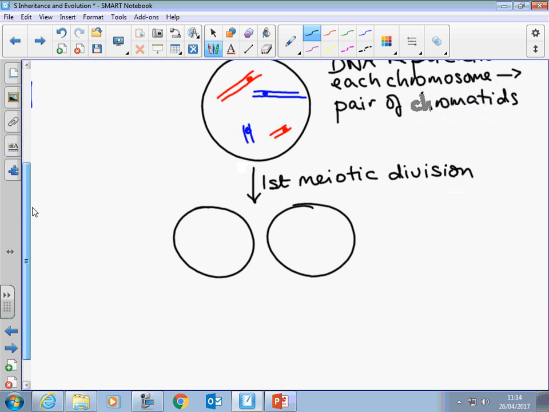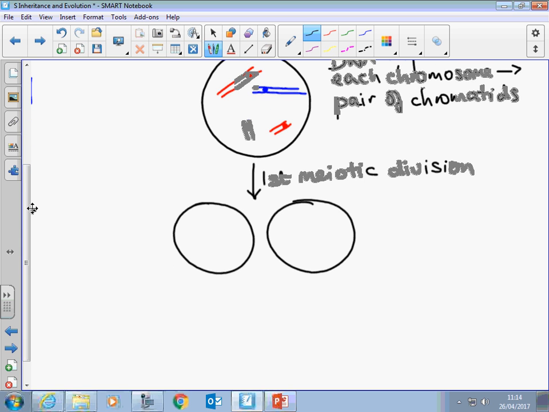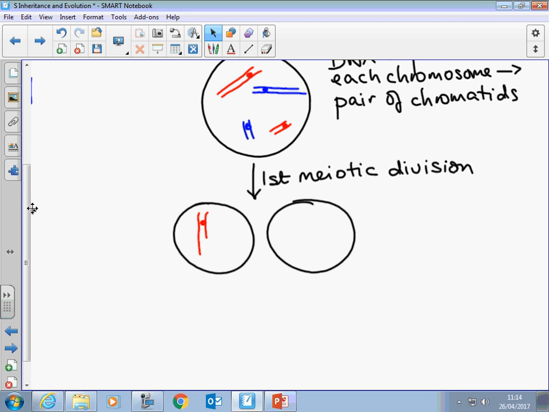I can do it at this point without having had to describe the process. This one might have a long red one untouched, but the other long red one might have exchanged half its length with the blue. So what we would have over here is one that's a whole blue, but then it exchanged a bit with the red. That's the result of crossing over.